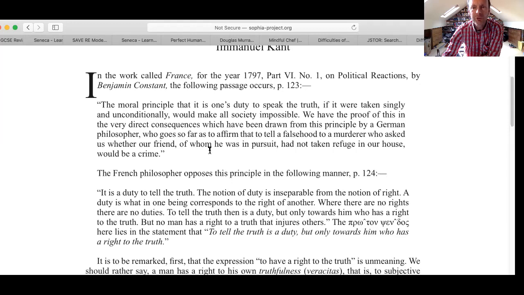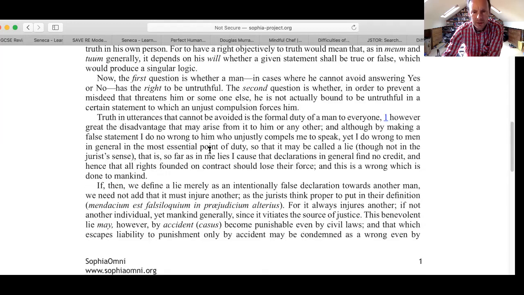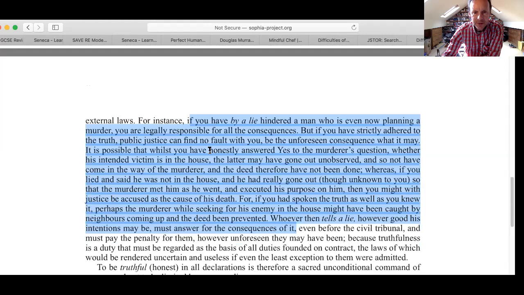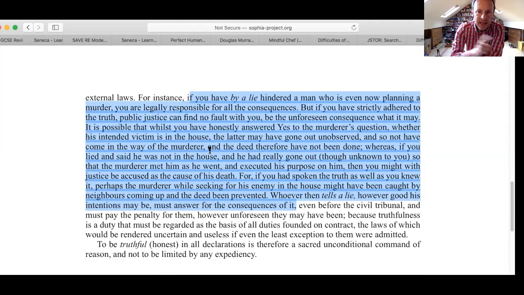Right? So you've got a duty to tell the truth, says Kant, regardless of the consequences. And Kant's reply is, if you lie, and your lie hinders a man who's now planning a murder, you're legally responsible for the consequences that stem from that.